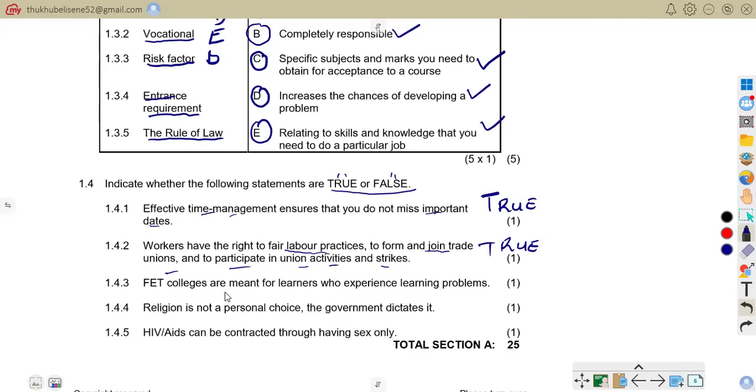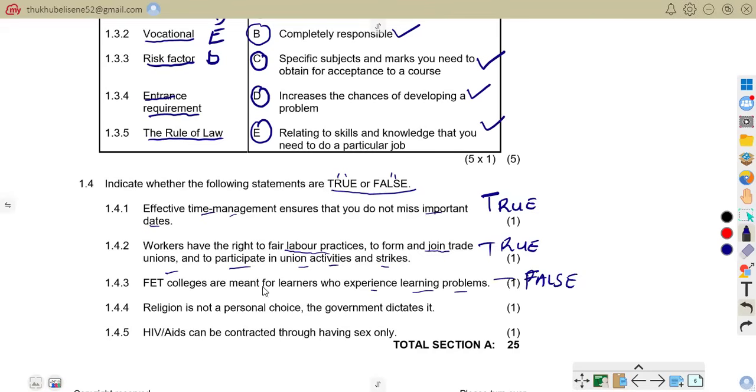1.4.3, FET colleges are meant for learners who experience learning problems. So this one is what? It's false. 1.4.3 is false because FET colleges are for learners who want practical, career-focused education, not just those with learning problems.